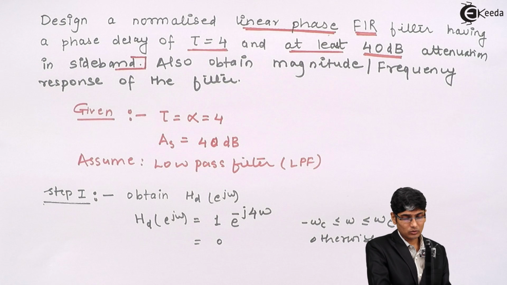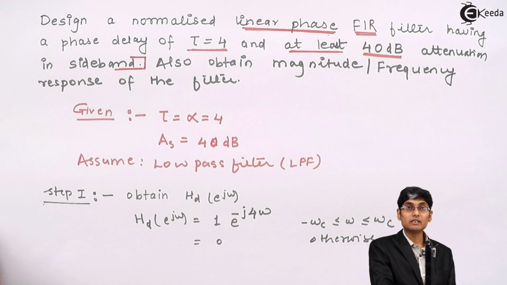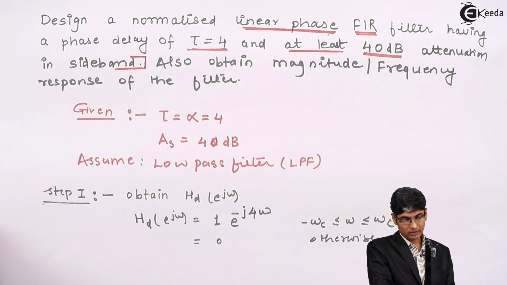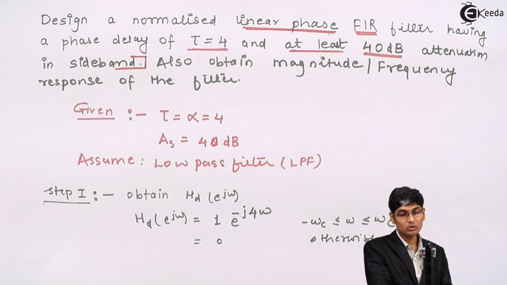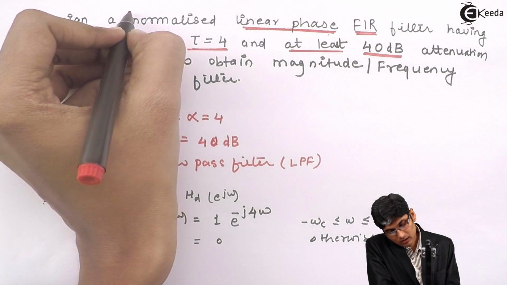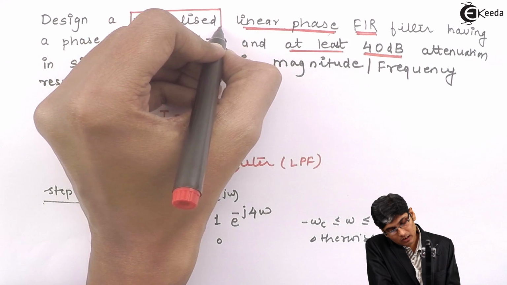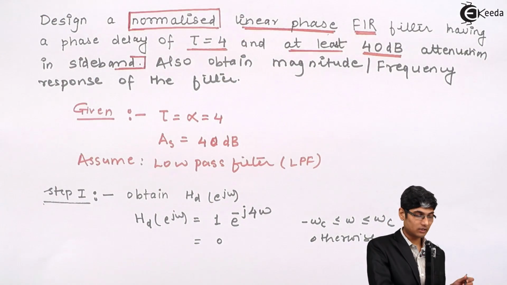So I need to actually find what my cutoff frequency is. How will I get the information from the problem about my cutoff frequency? In the problem it says design a normalized low pass filter.